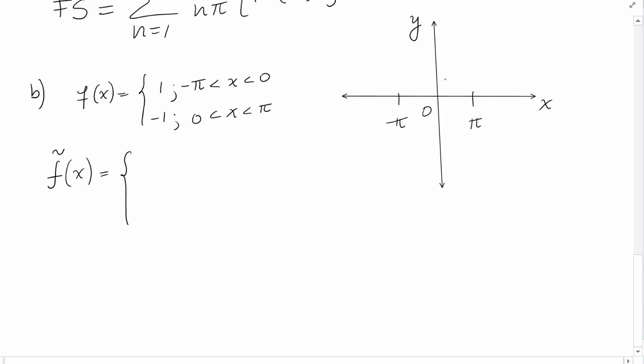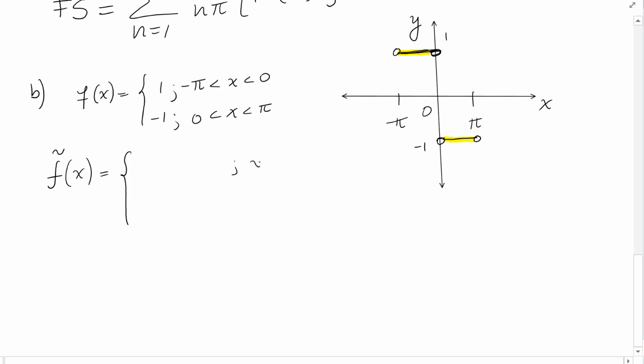The graph between negative pi and 0 is 1. So let's put here 1, and I'm going to put open dots because it's not defined at those values, at negative pi and 0, and then negative 1 here. This function is continuous in between the values, but we don't know what happens at the endpoints.